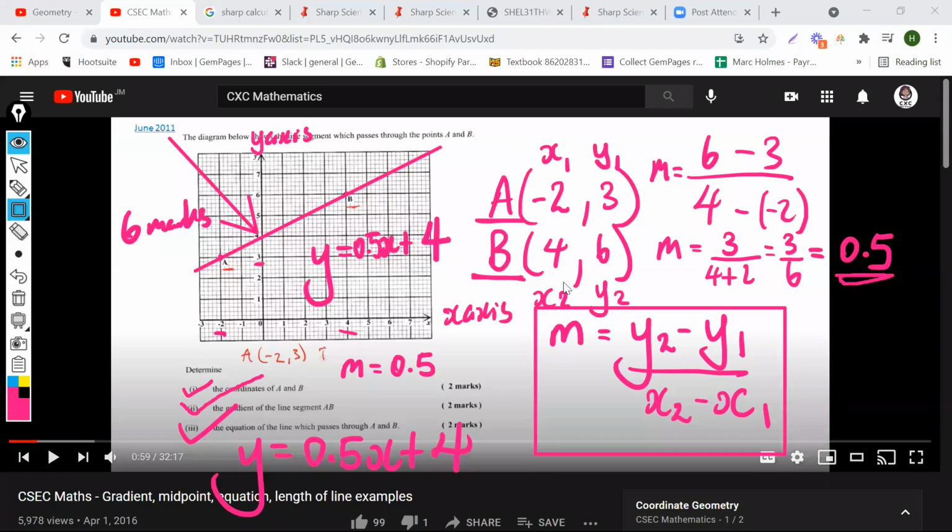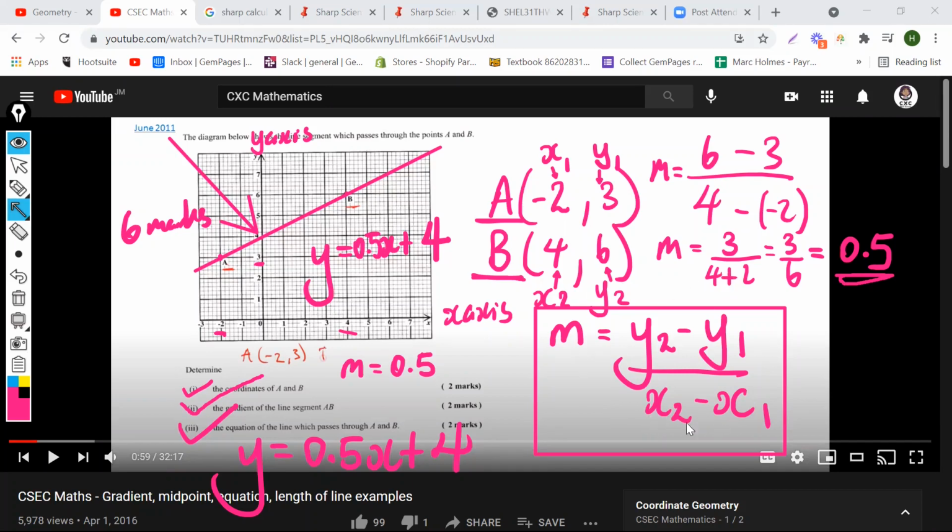And B is the second point, so that would give you x2 and y2. Make sense? So x2 is the 4, y2 is the 6, x1 is the -2, and y1 is the 3.